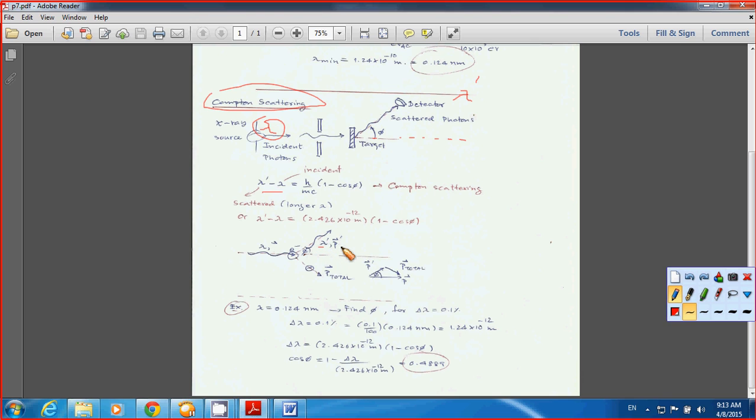And you can find P total. Simply look at the vector here. This is the X-rays coming in, and this is the deviated path, and you can find P total.